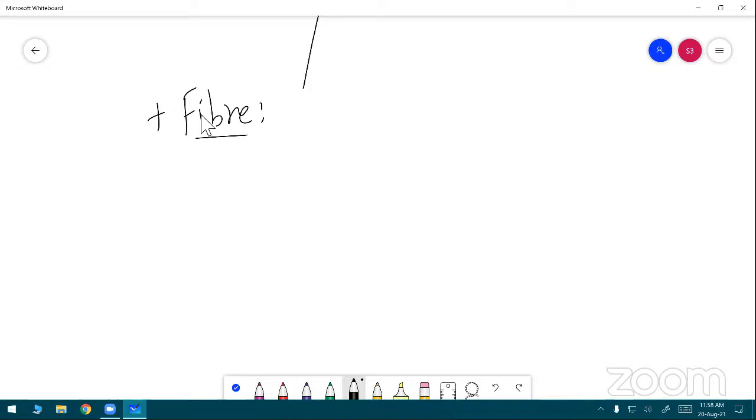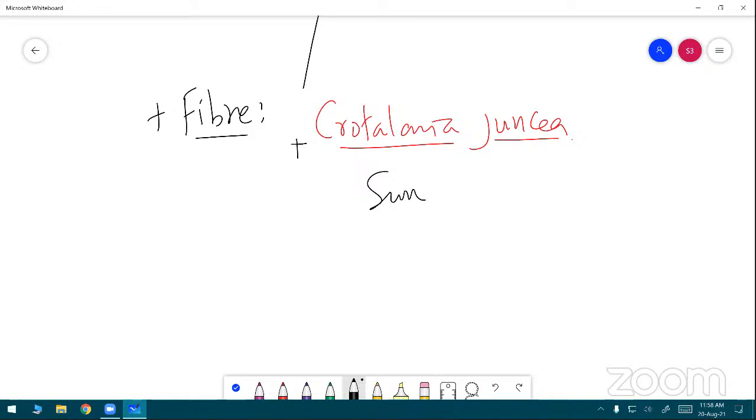The first one is Crotalaria juncea. Sun hemp, right? It is called in Tamil Sanal, or sun hemp. This plant provides a lot of fiber.